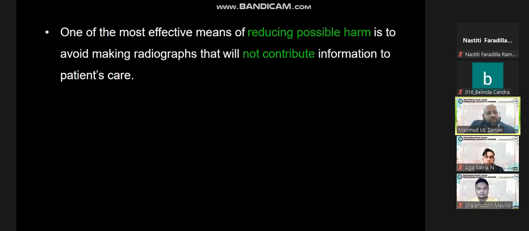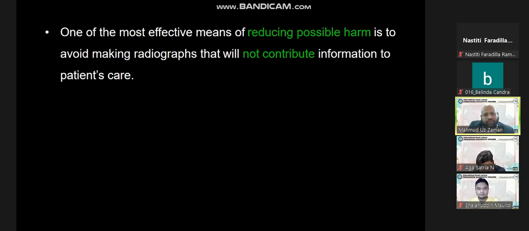So as we mentioned, one of the most effective means of reducing possible harm, because there is no limitation, is knowing radiation biology, the radiation effect, the radiological effect of ionizing radiation.